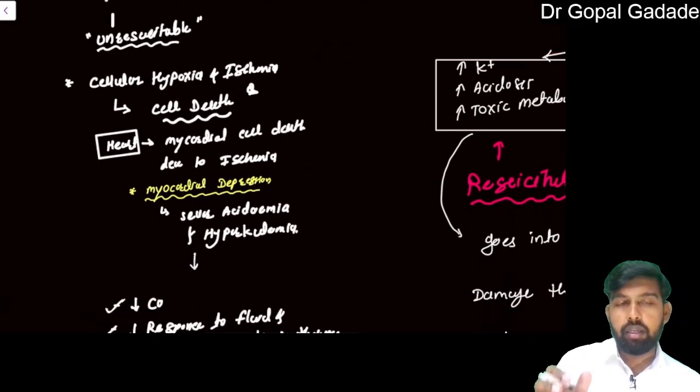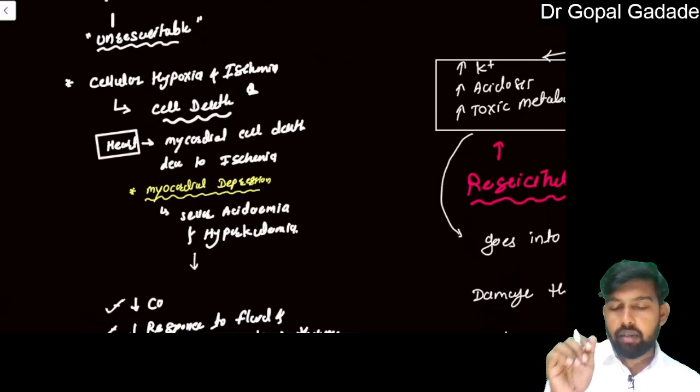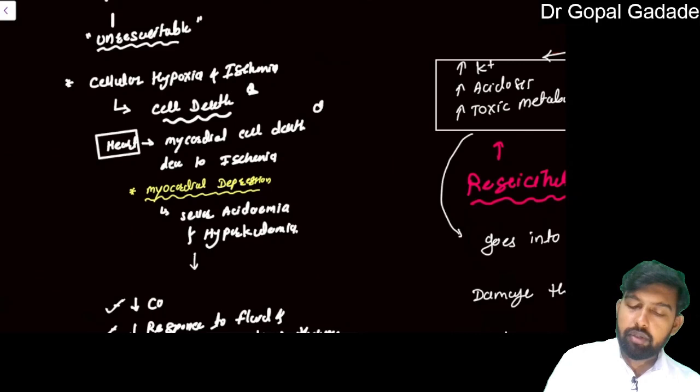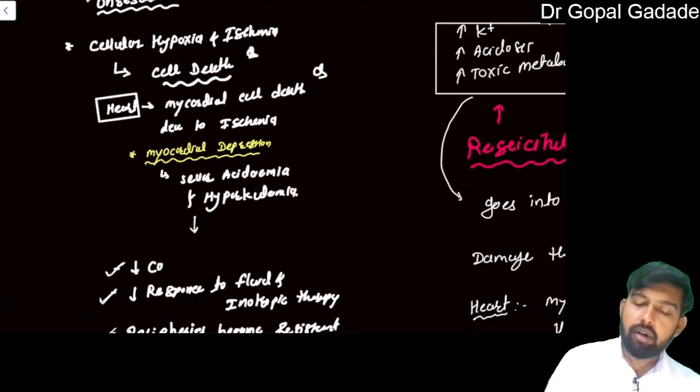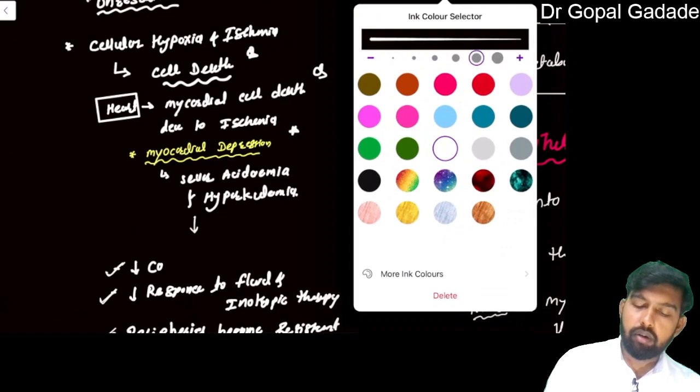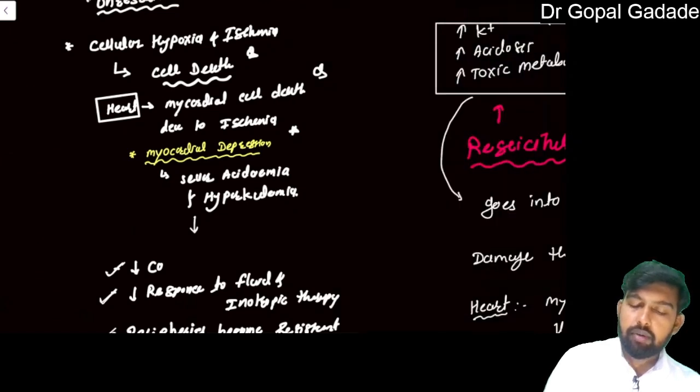If this effect occurs at the level of the heart, there is myocardial cell death due to the ischemia, and there is myocardial depression, which is the ultimate result of the severe acidemia and the hyperkalemia.